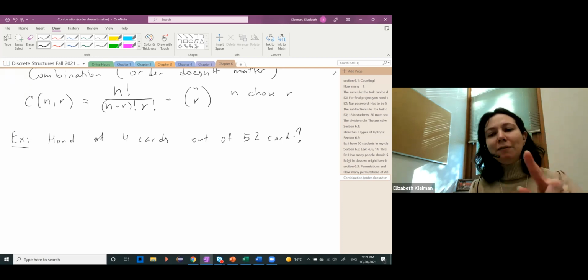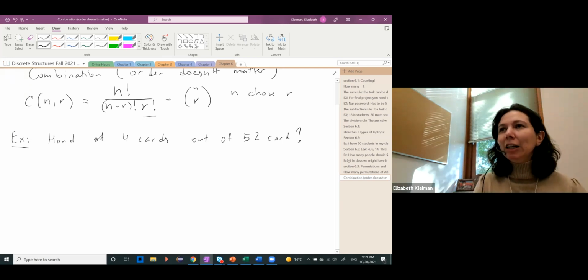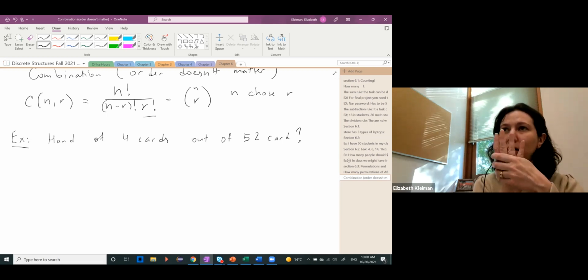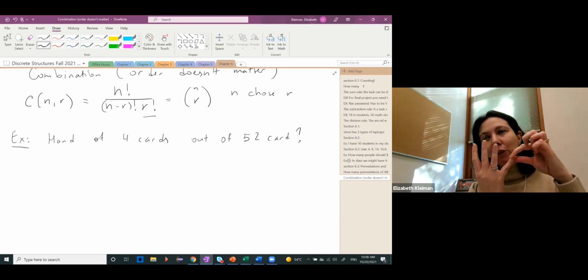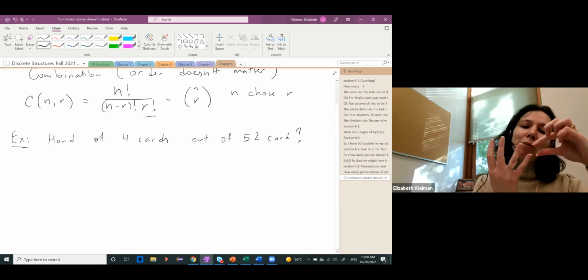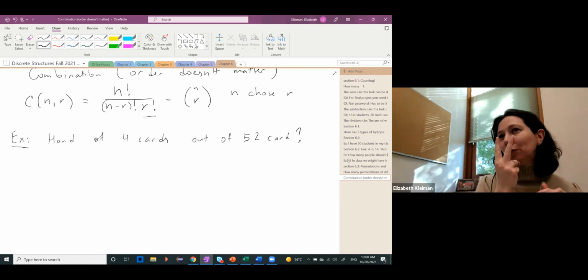So this is where my r factorial comes into place. It says, okay, in how many ways could I have picked those cards? I could have picked ace first and then 6 second, or I can put 6 first and then ace second. So I had two options, correct?